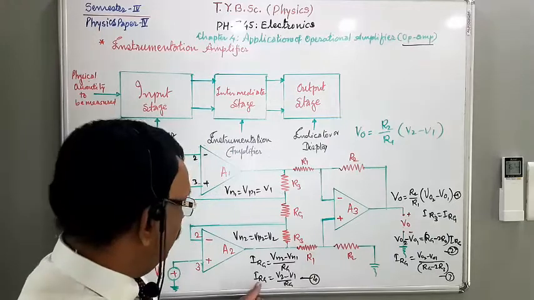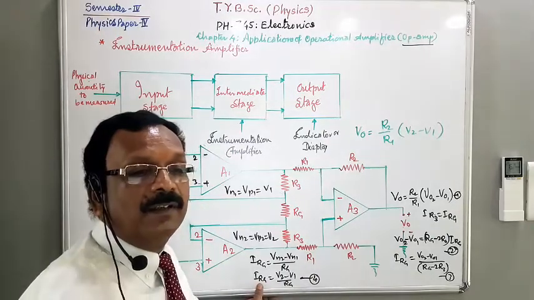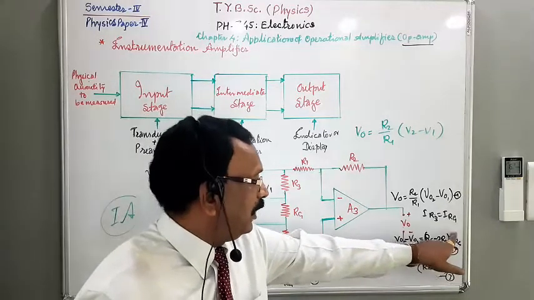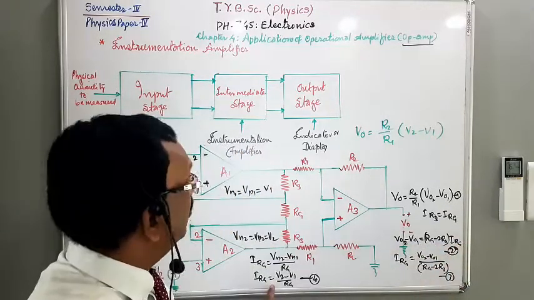Now substitute the value of equation 4 in equation 2. In this equation, instead of IRG we substitute this.